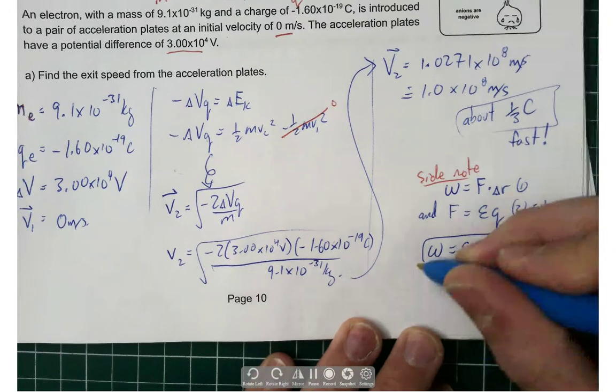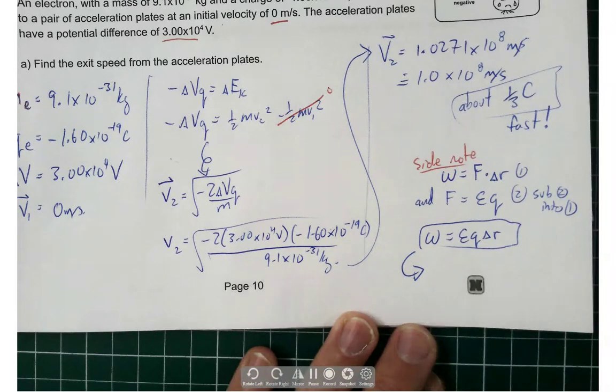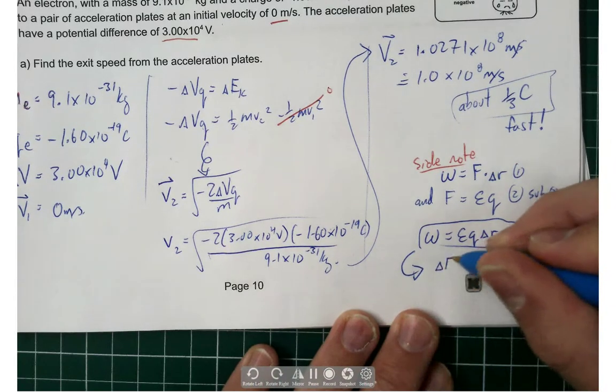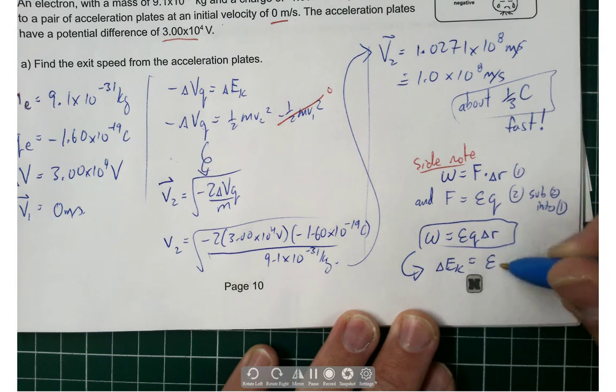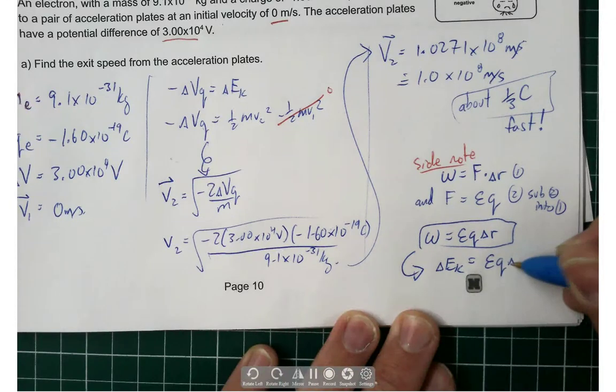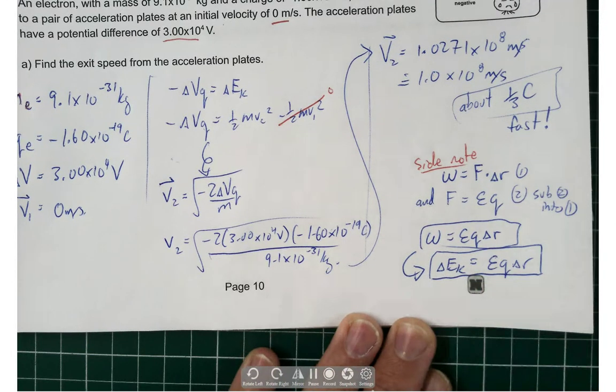Which means that another way to approach this would have been using this line of thinking, that the change in kinetic energy on that electron is going to be equal to epsilon Q delta R, where delta R is the size of the gap, the size of the separation between the two metal plates.